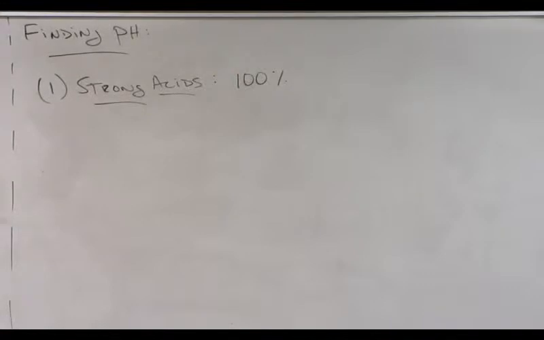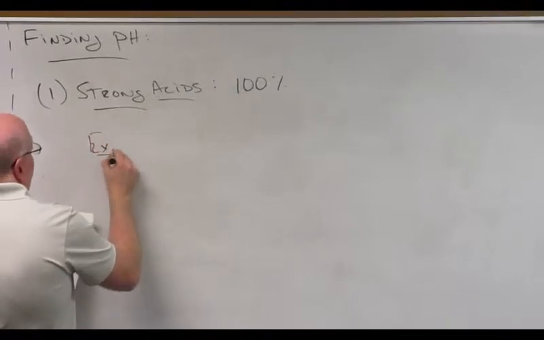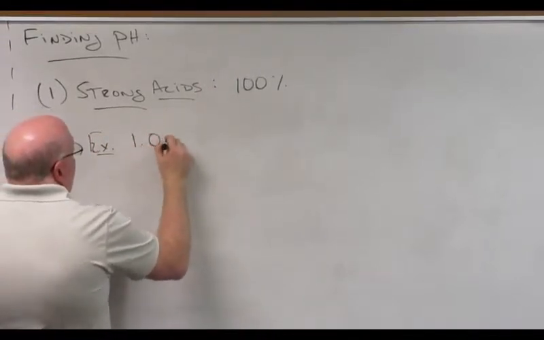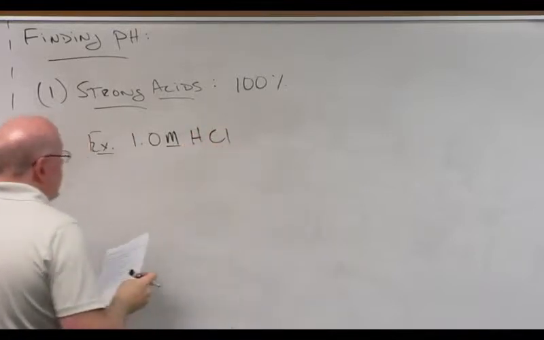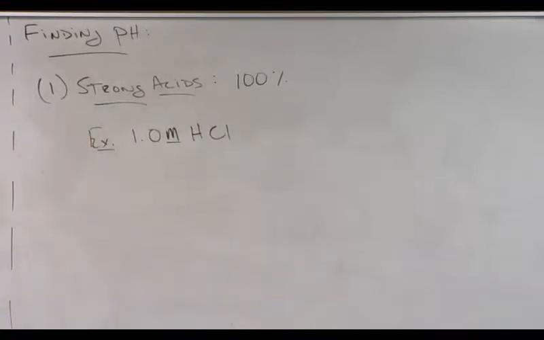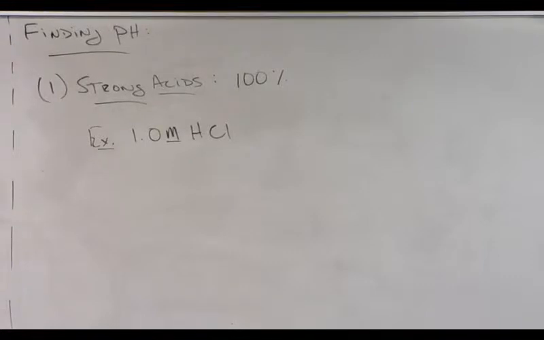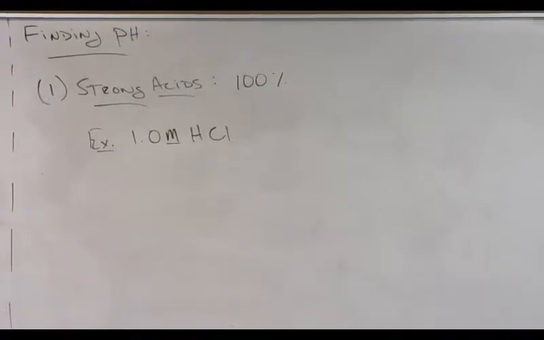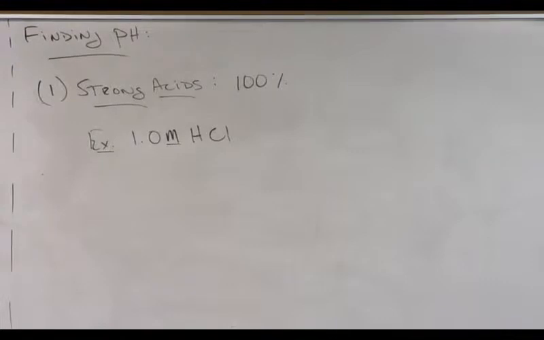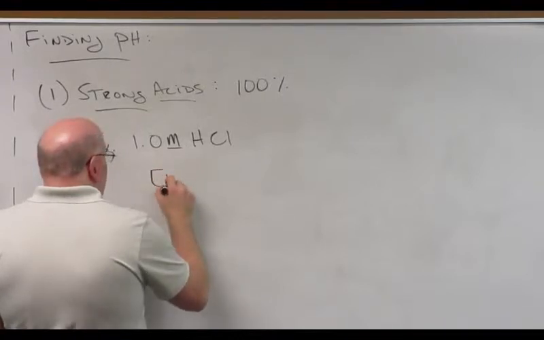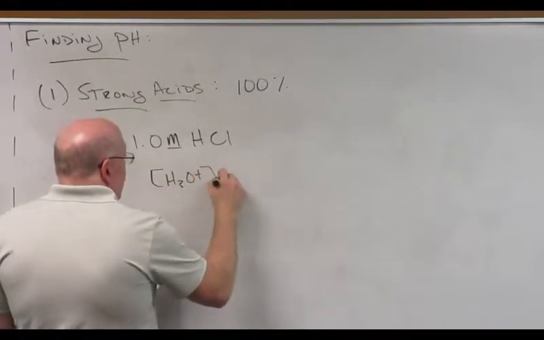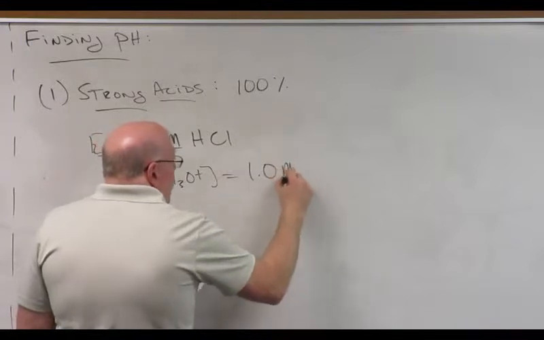Example. If you have 1.0 molar hydrochloric acid, they tell you that's what you're starting with. We can assume that all of that acid produces hydronium ion. Because it's a strong acid, we can say that the H3O plus concentration is also 1.0 molar.